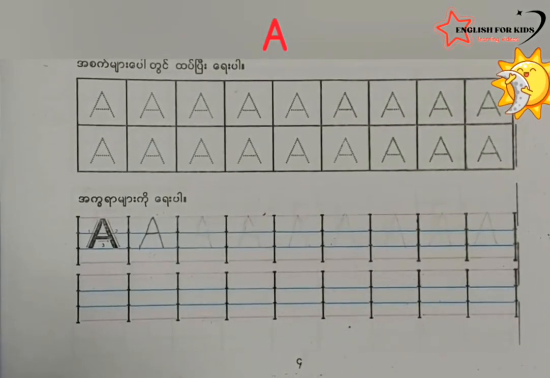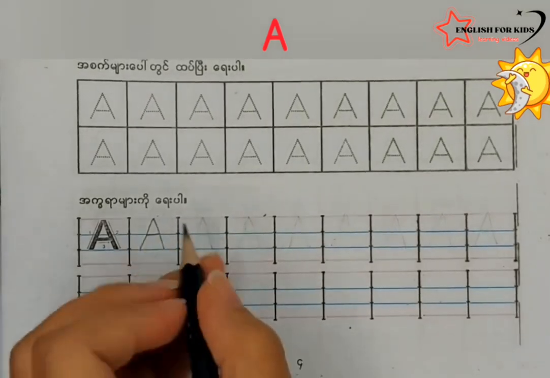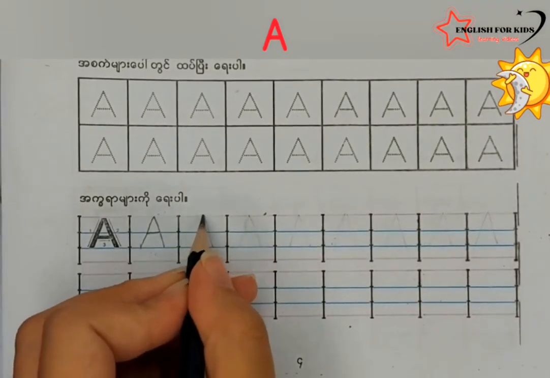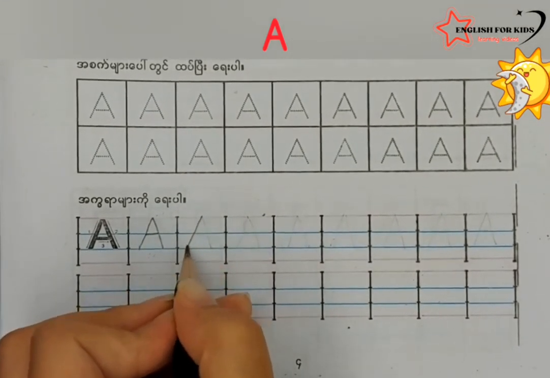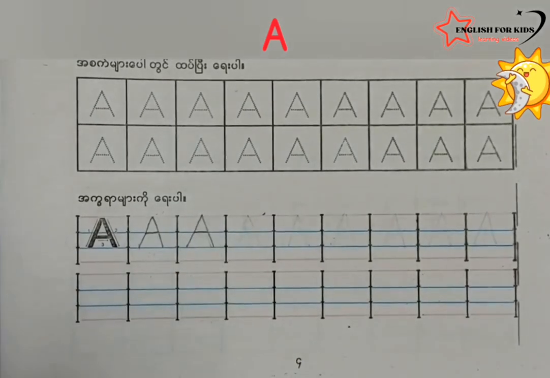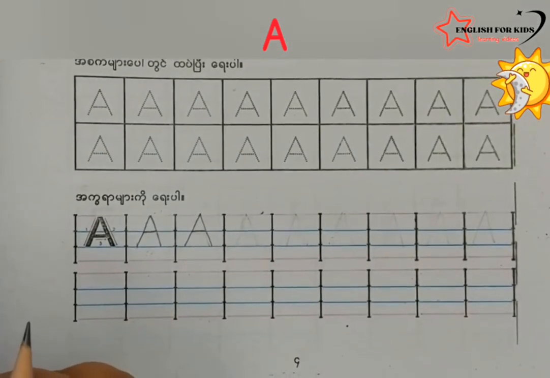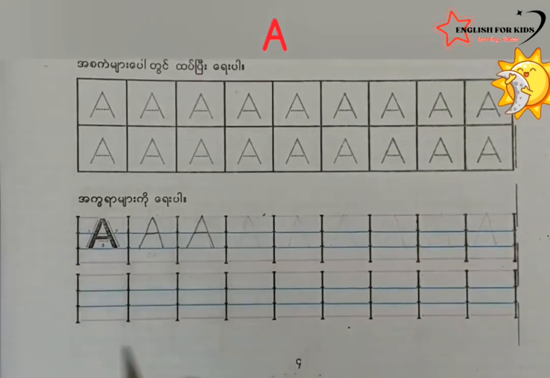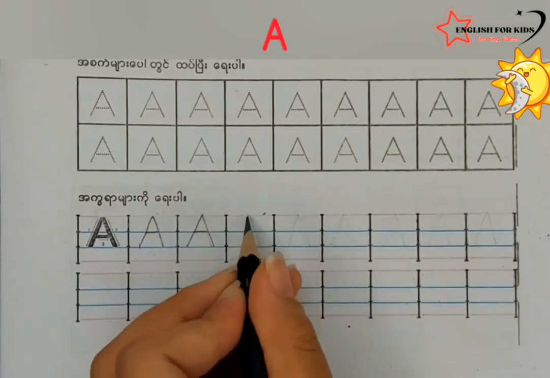Letter A. Good job. Okay, let me try another one. Down, down, and cross. Letter A. Good job. I'll be showing you one more time.